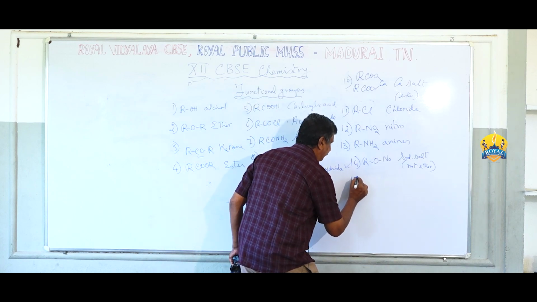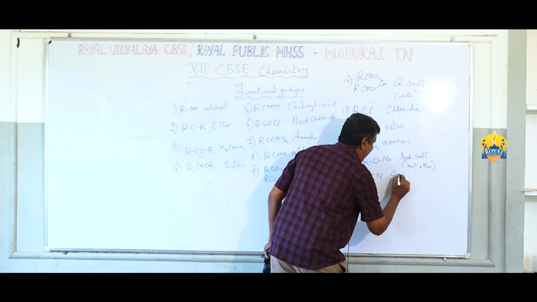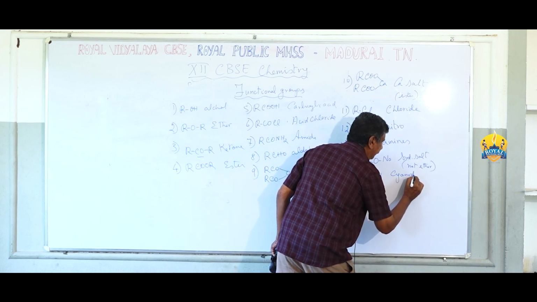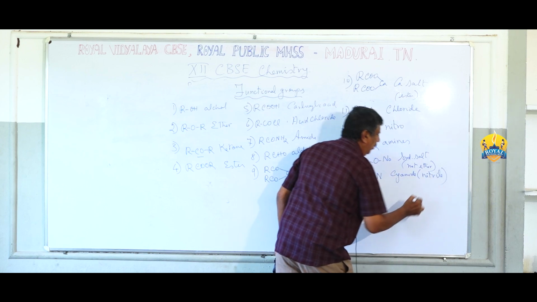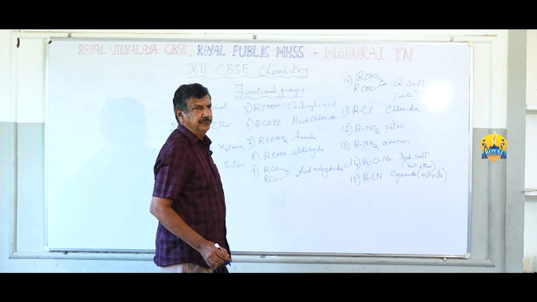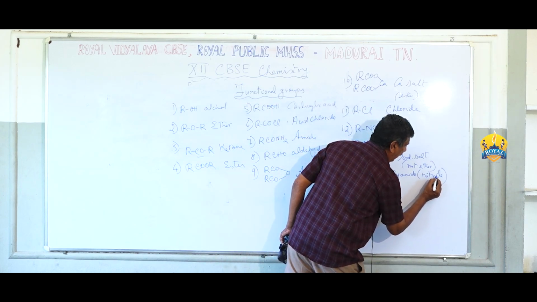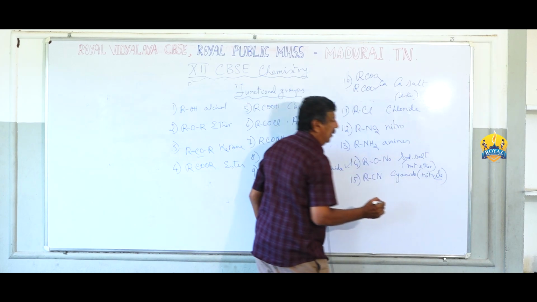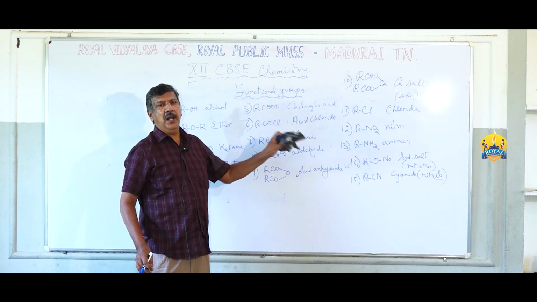Next one, RCN. Cyanide. Nitriles. Any name you can use as per book. Be careful, it is not nitrite, it is nitrile, ILE. This is called nitrile.